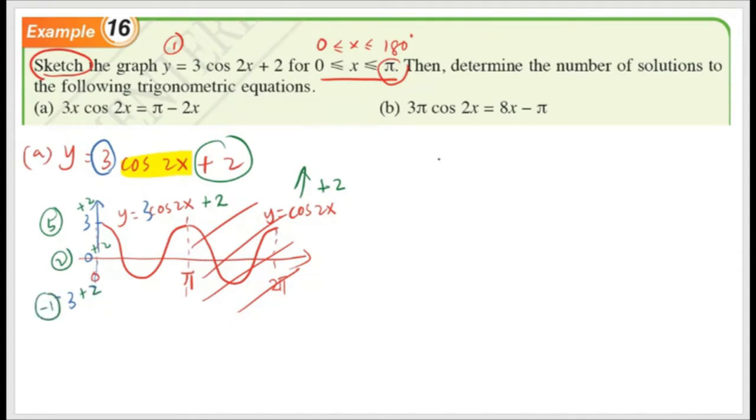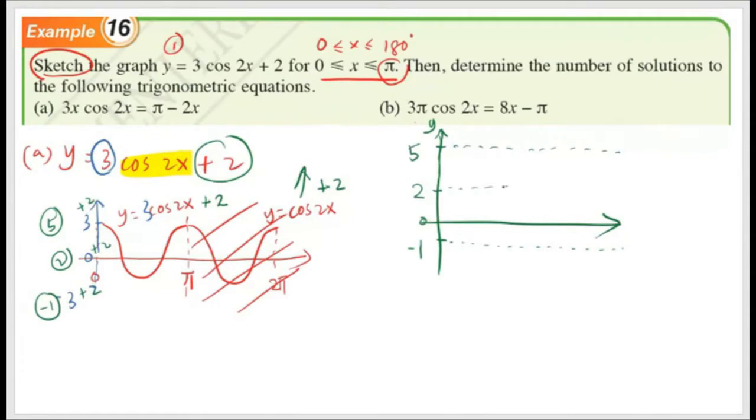So your graph goes from negative 1, then mark a point on the line: 0, 1, 2, 3, 4, 5, roughly. This is your y axis. Put 3 dotted lines.